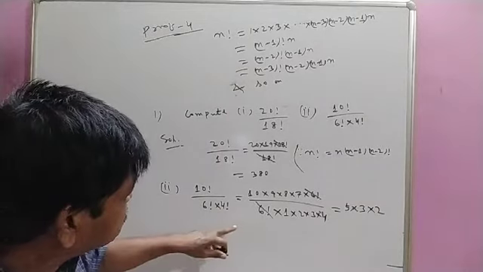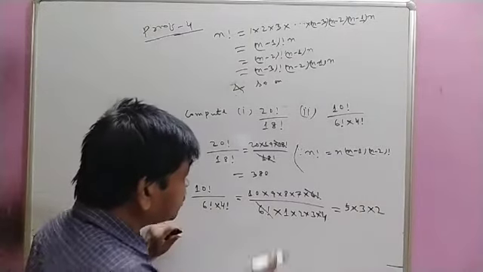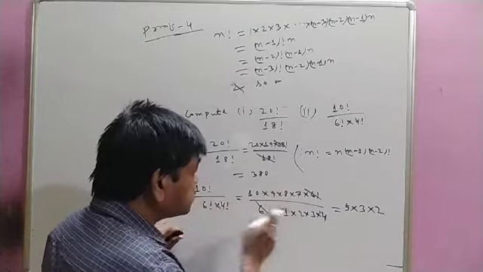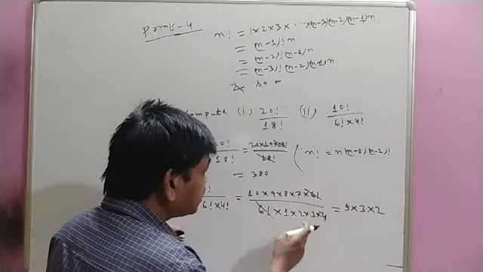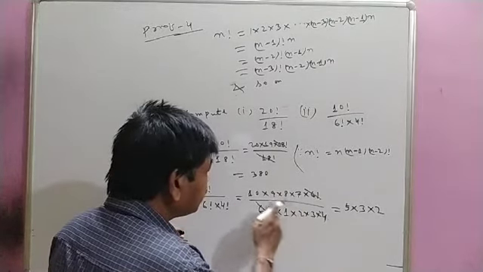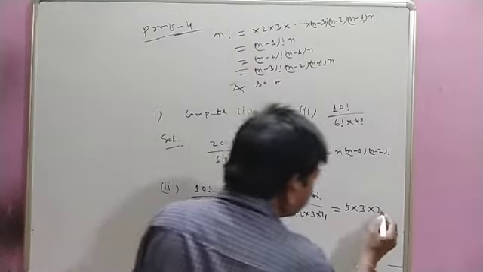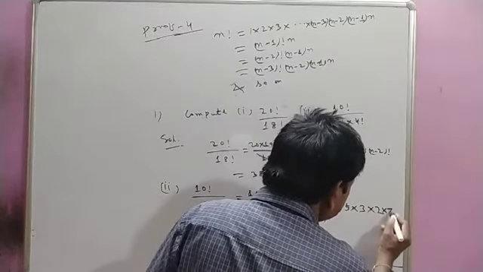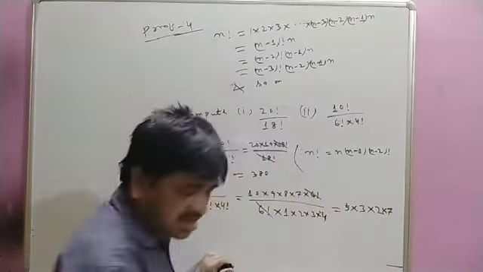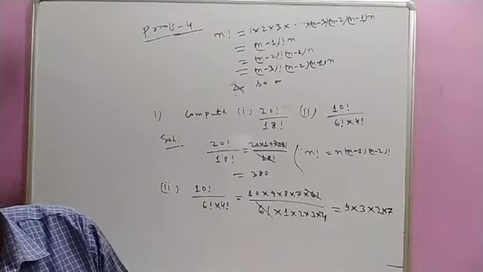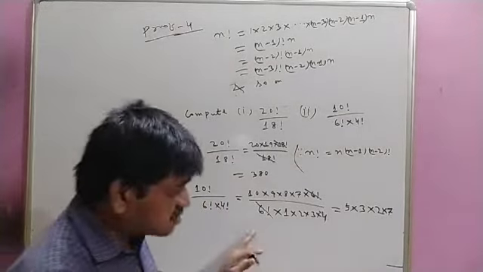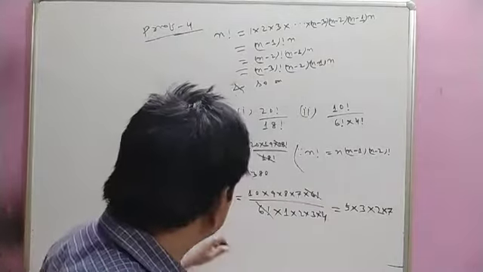Let us have a check. Here is 7. Then this becomes what? No, the calculation is wrong. One second, let me check it.